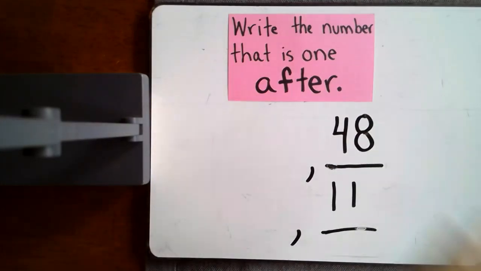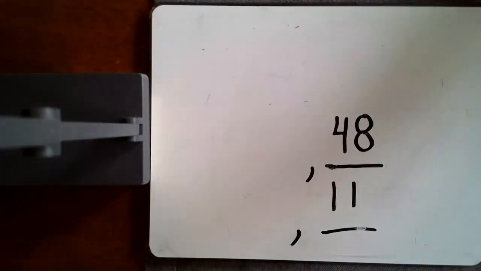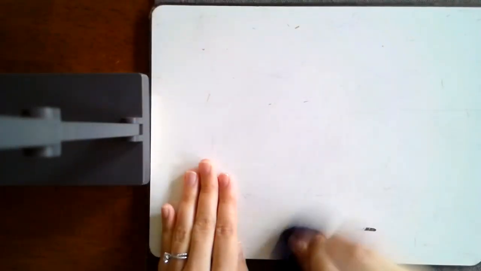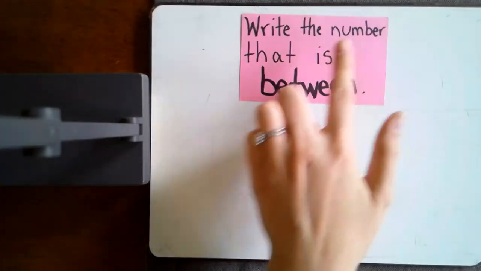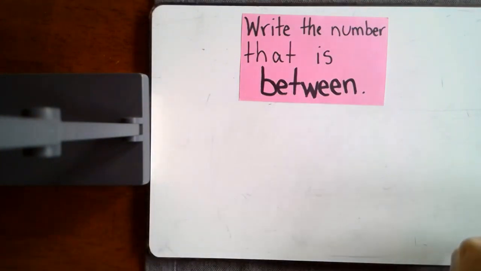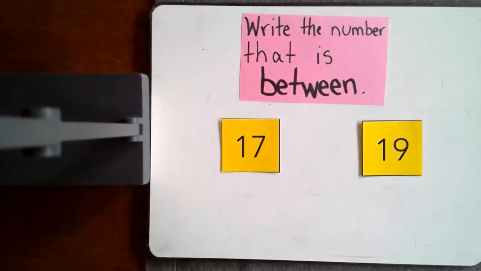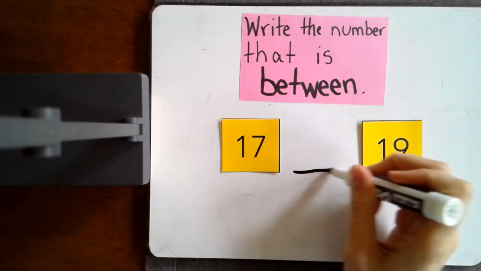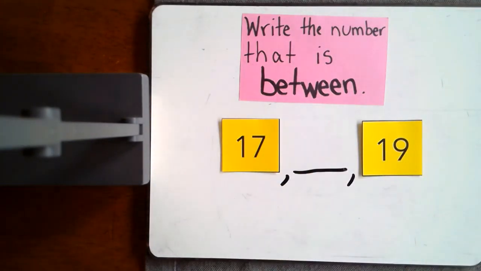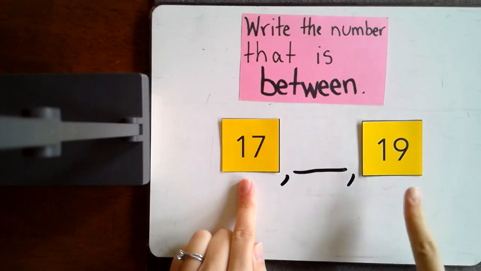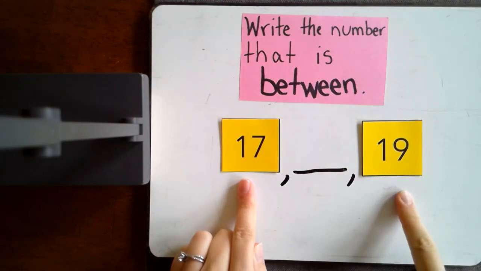Our last set of instructions say write the number that is between. So we have to find the number that is between 17 and 19.